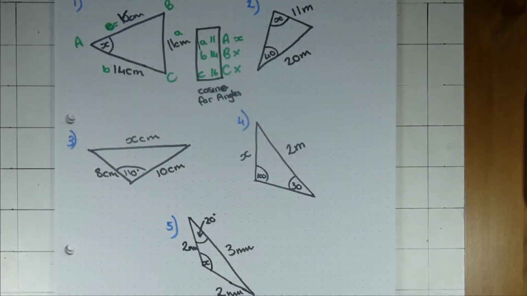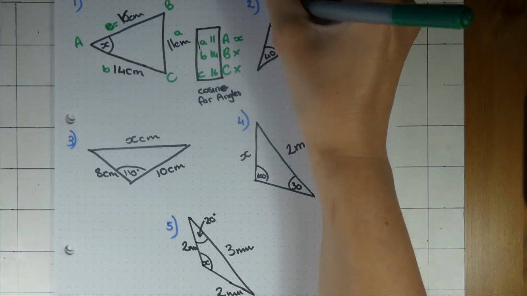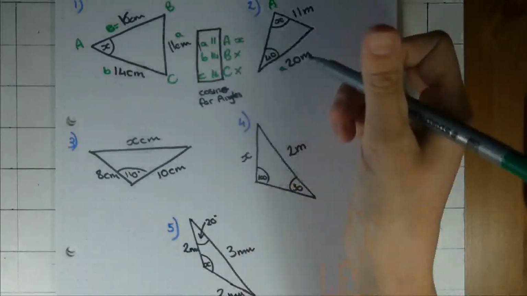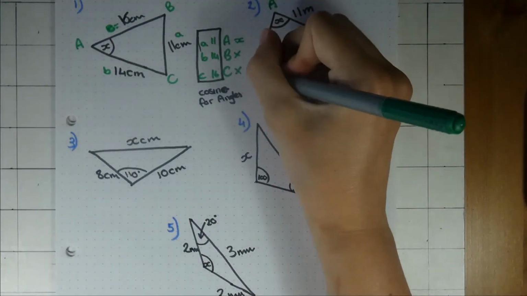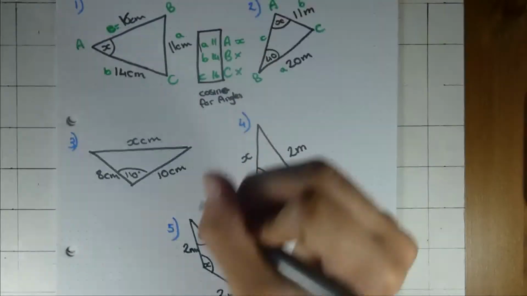Looking at the next one, moving on, let's keep the speed up. Again, we're going to label our sides, and again, we're looking for an angle. So without question, we're going to label that angle A. The opposite side will be little a. Then it doesn't matter which is B, which is C, so we'll call this B, we'll call this C, little b, little c.